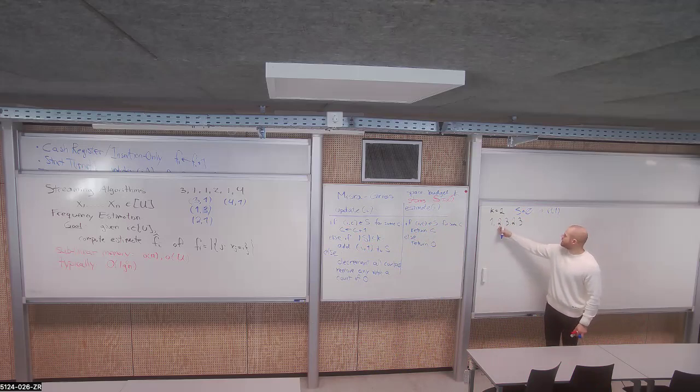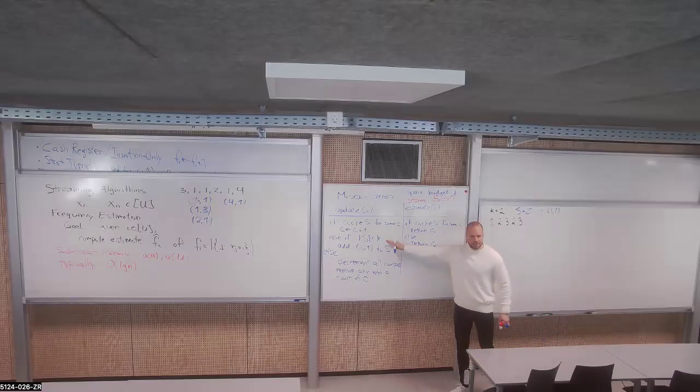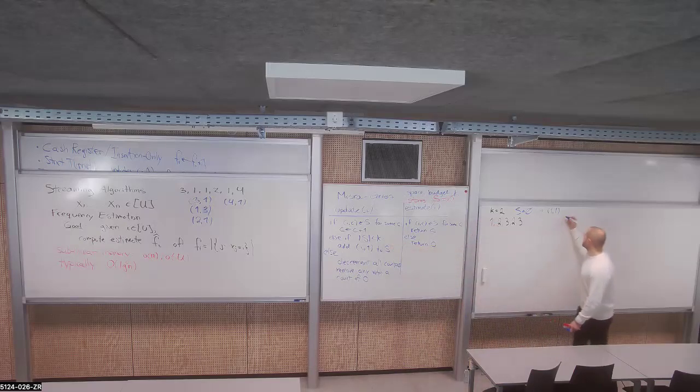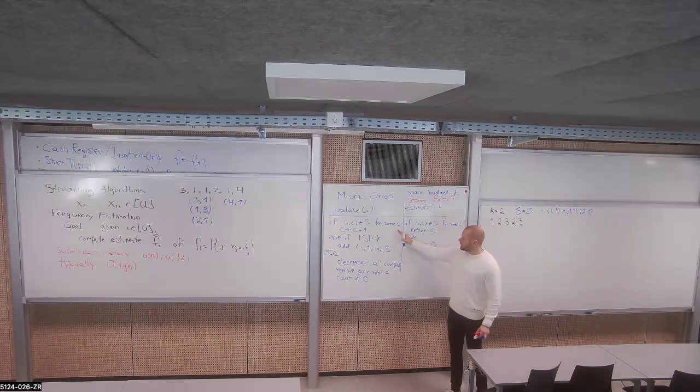Then we see a 2. We're not storing a counter for 2, but we still haven't used our space budget. So it's okay. Now we have a counter for 1, and we have a counter for 2. Then we see a 3. We don't have a counter for 3, and we don't have any more space left.